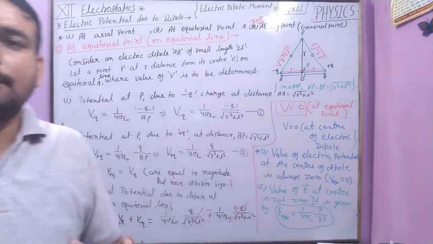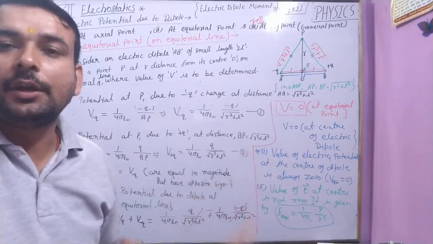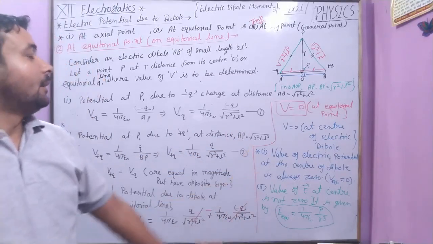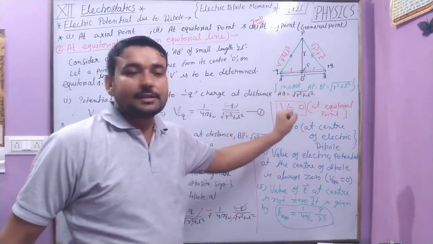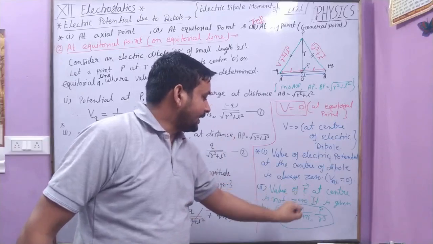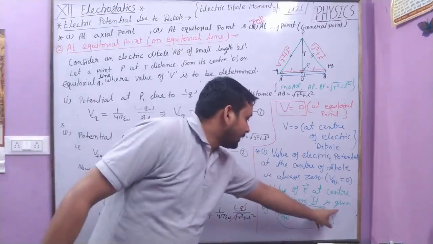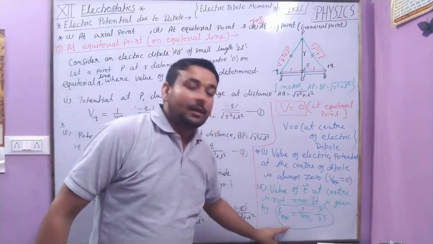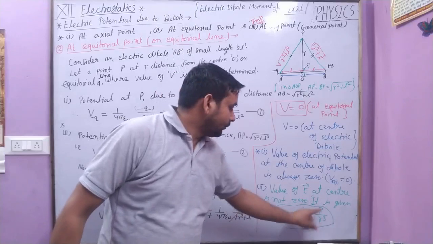Sometimes a conceptual question is formed on the basis of this particular concept only, that the value of electric potential at the center of the dipole is 0, while the value of electric field at the center of the dipole is not 0, which is given by the expression for the electric field at an equatorial point.